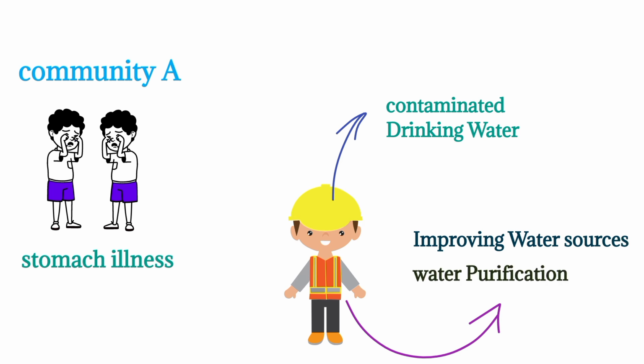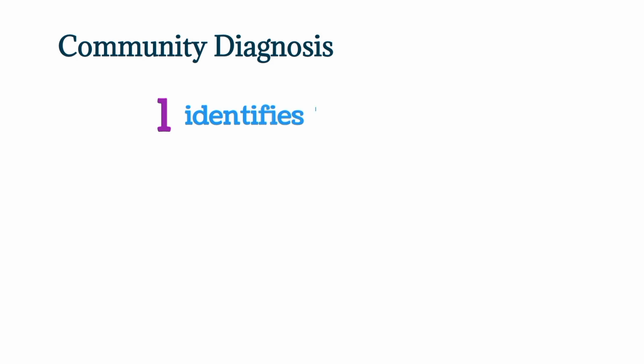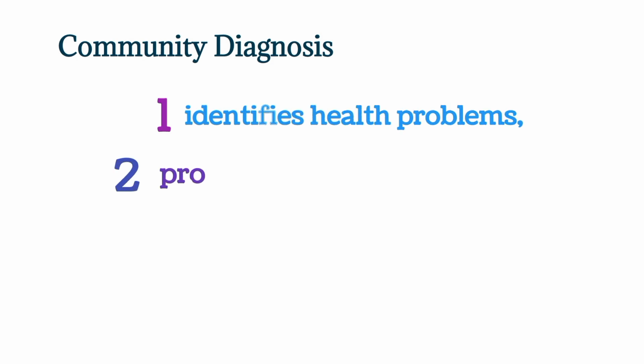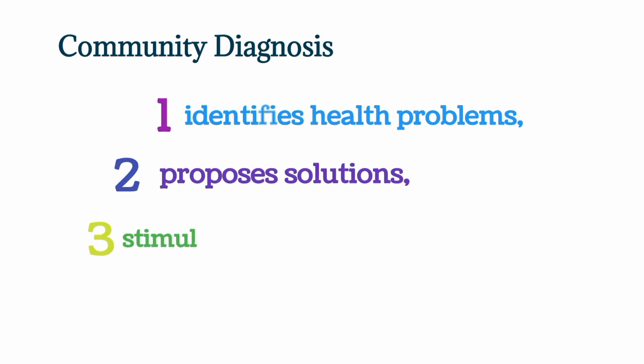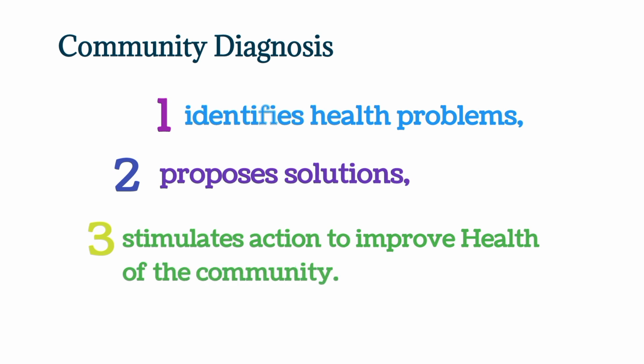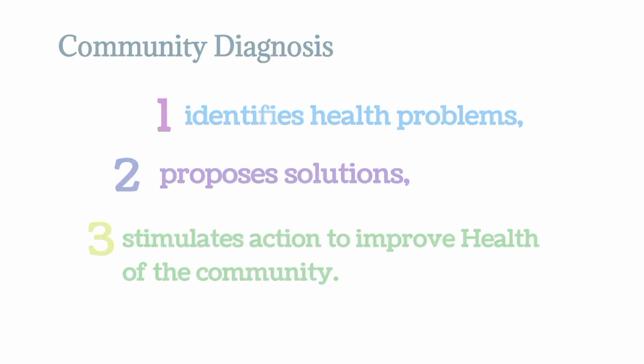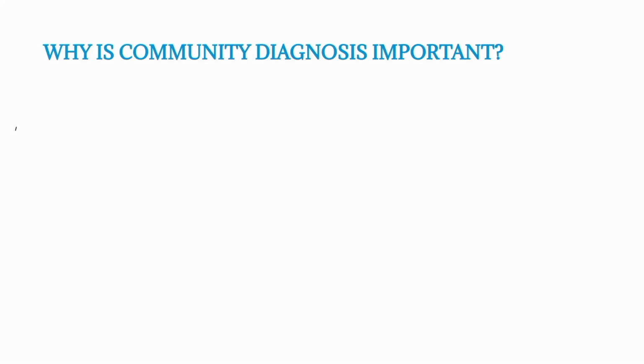And these diagnoses lead to practical solutions, such as improving water sources and teaching residents about water purification. So in short, community diagnosis identifies health problems, proposes solutions, and stimulates action to improve the overall well-being of the community. But why is community diagnosis important?